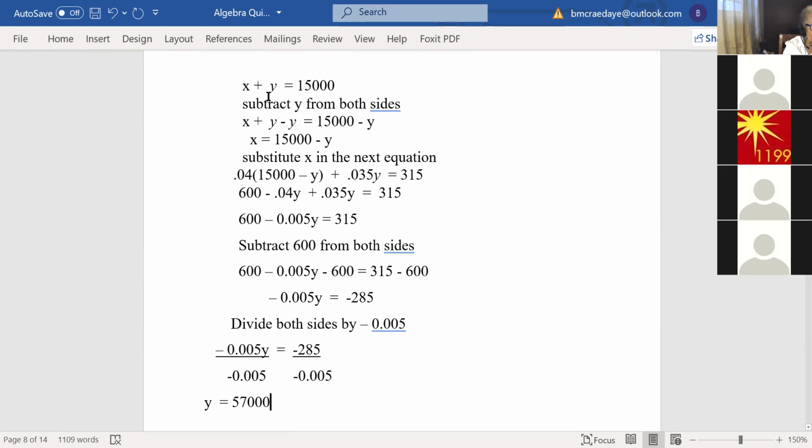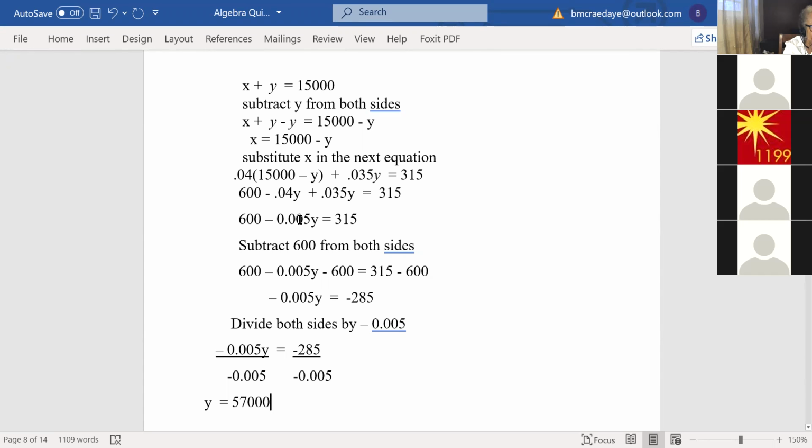So we subtracted Y from both sides and we got X equal 15,000 minus Y. Then we substituted: 0.04 times 15,000 minus Y plus 0.035Y equal 315. 0.04 times 15,000, we got 600. 0.04Y and 0.035Y gives you 0.005.